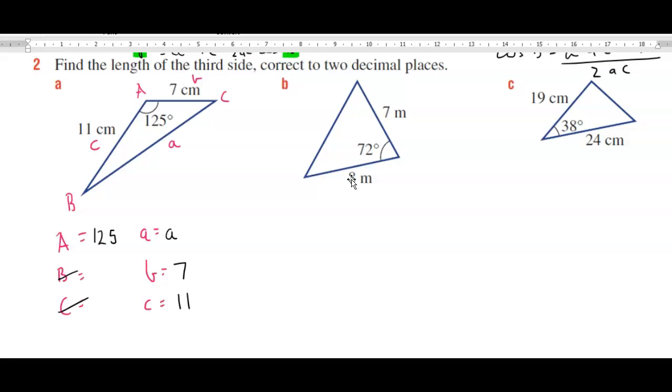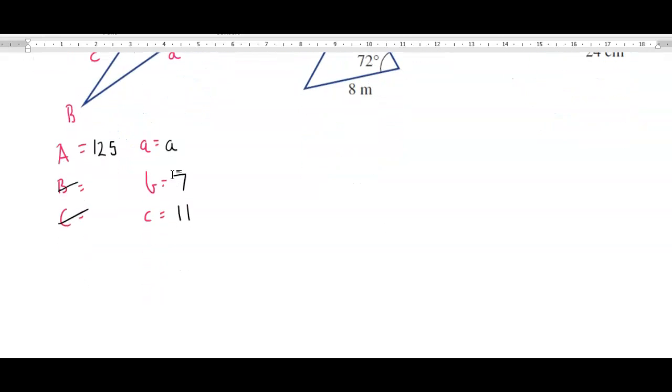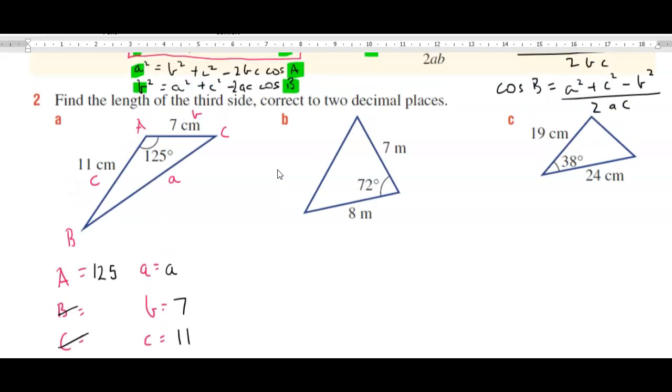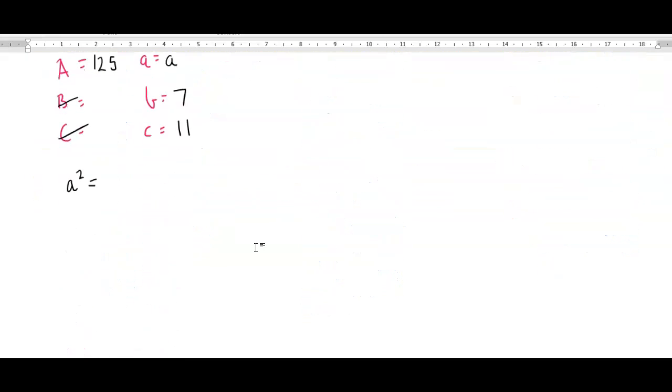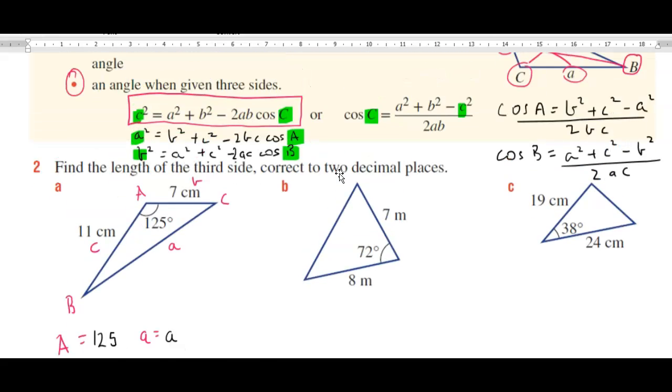All right, so we're finding length a, so we always put what we're looking for first. So a squared equals. Then you can go up to the cosine rule. Let's see if I can remember it. Cosine rule is one that I never remember. So b squared plus c squared minus 2bc cos A. Let's check.